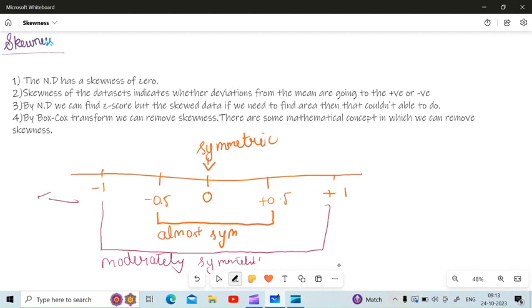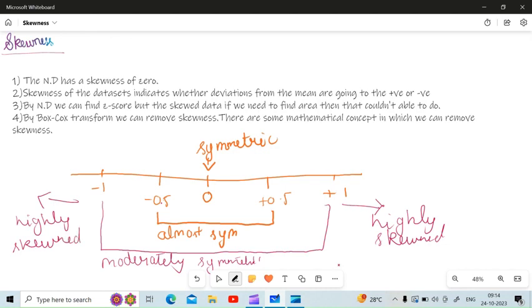If it is less than -1, like -2, -3, or beyond, or greater than +1, like 2, 3, 4, then it is highly skewed data. So by the score you get, you can easily assume whether our data is highly skewed, moderately skewed or symmetric.